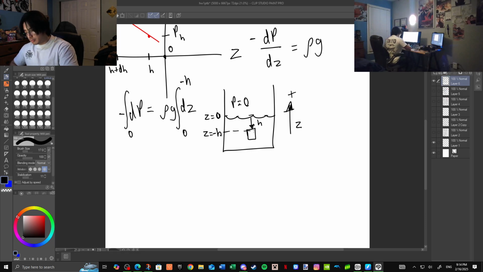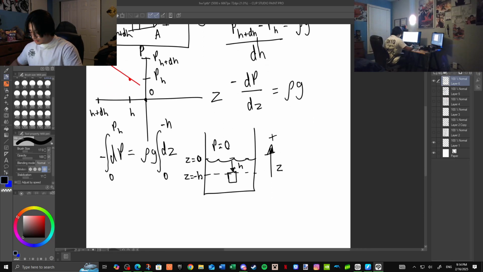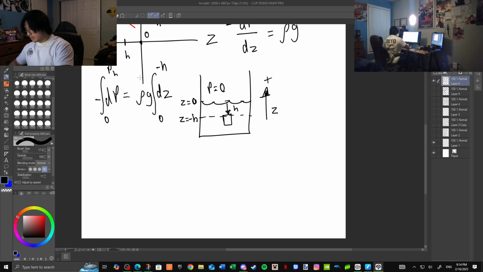Now we need to find a way to represent the pressure at the height negative h, and we are just going to use p of h like we did previously in this part right here. And so now we can actually plug those bounds in.